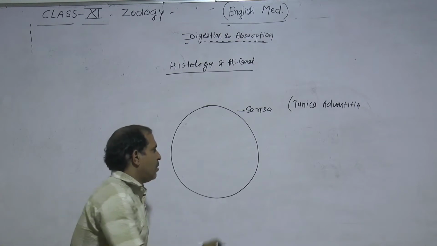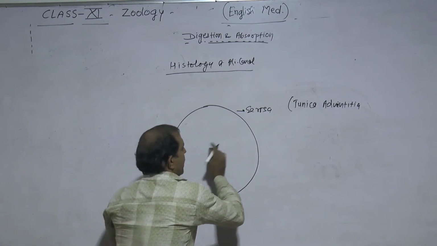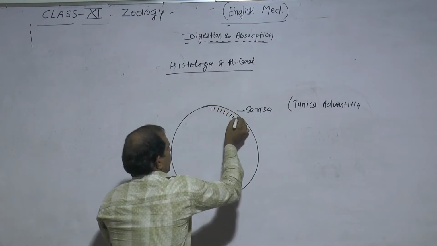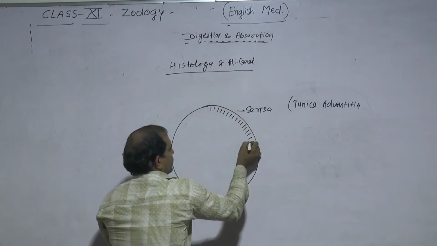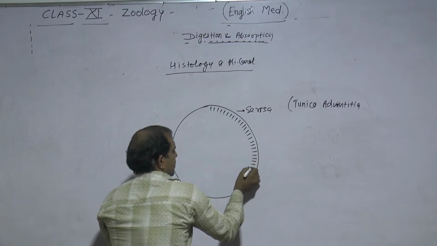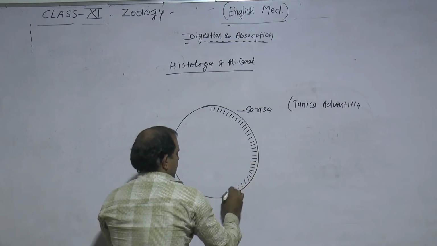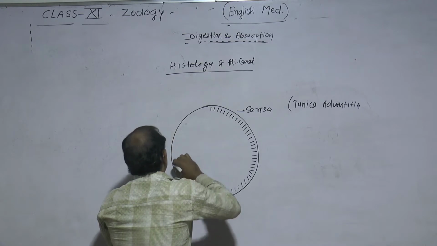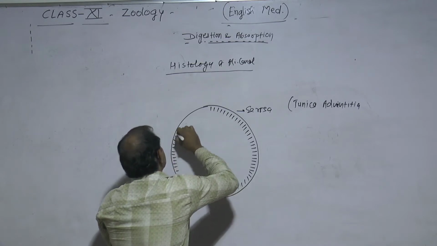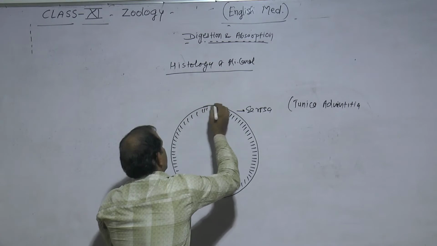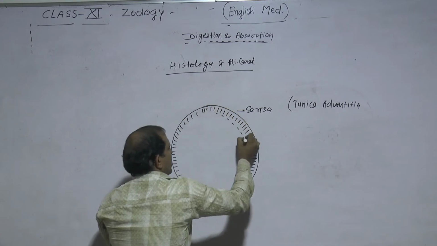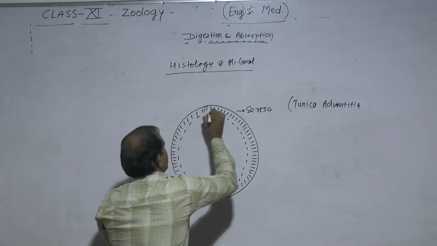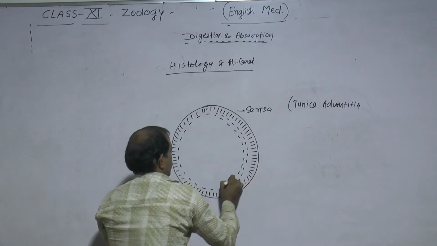The second layer is called muscularis. The muscularis is made up of 2 types of muscles: first longitudinal muscles, and second radial or circular muscles.